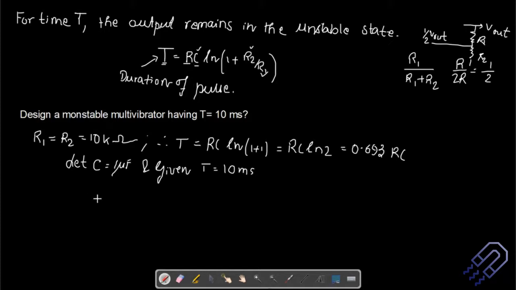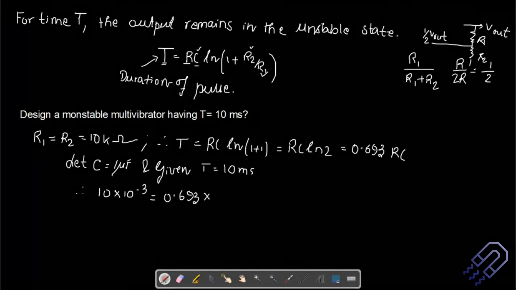We have to do the adjustment so that we get the value of R that is needed. If we do our calculations, 10 milliseconds is 10 into 10 to the power minus 3 seconds, which can be written as 0.693 into R into the capacitor.